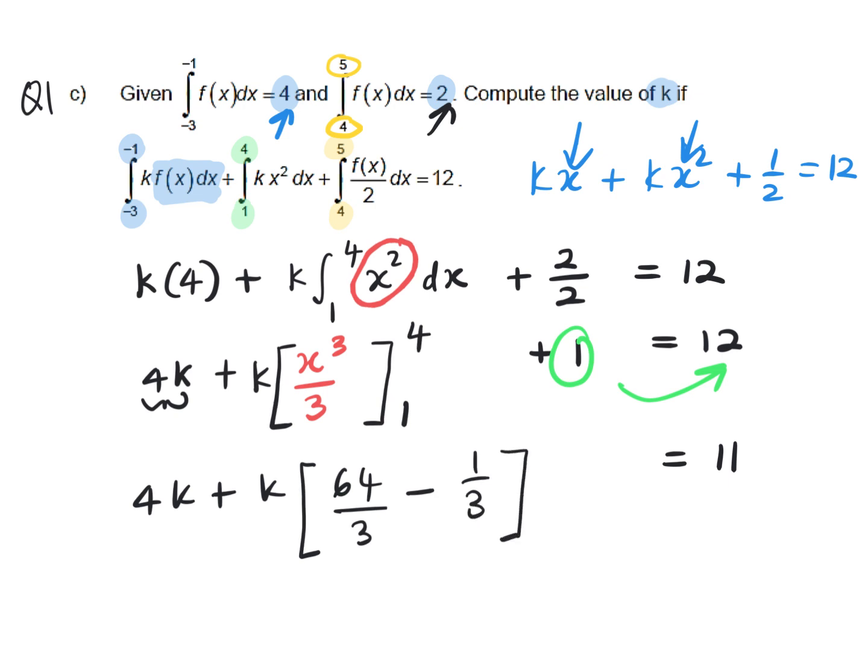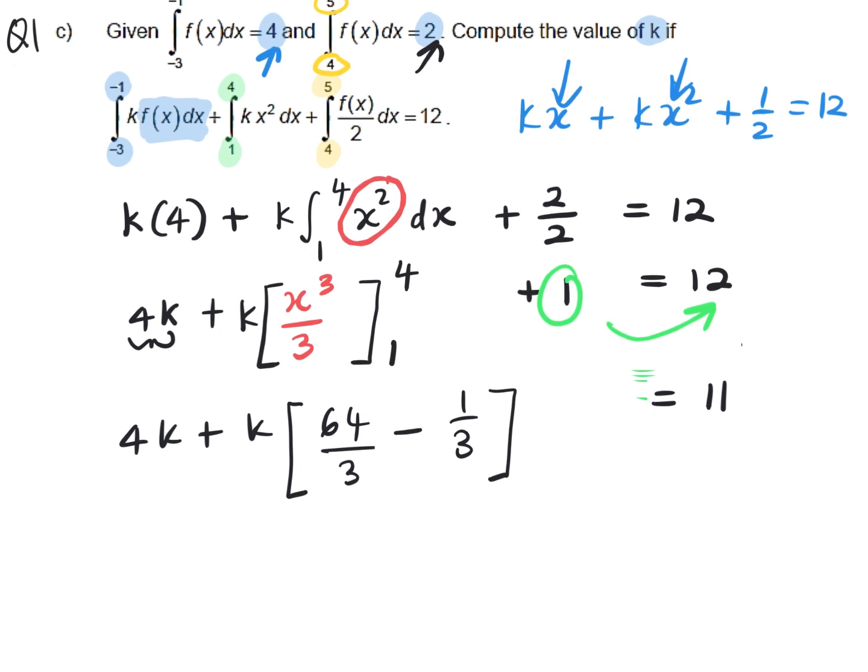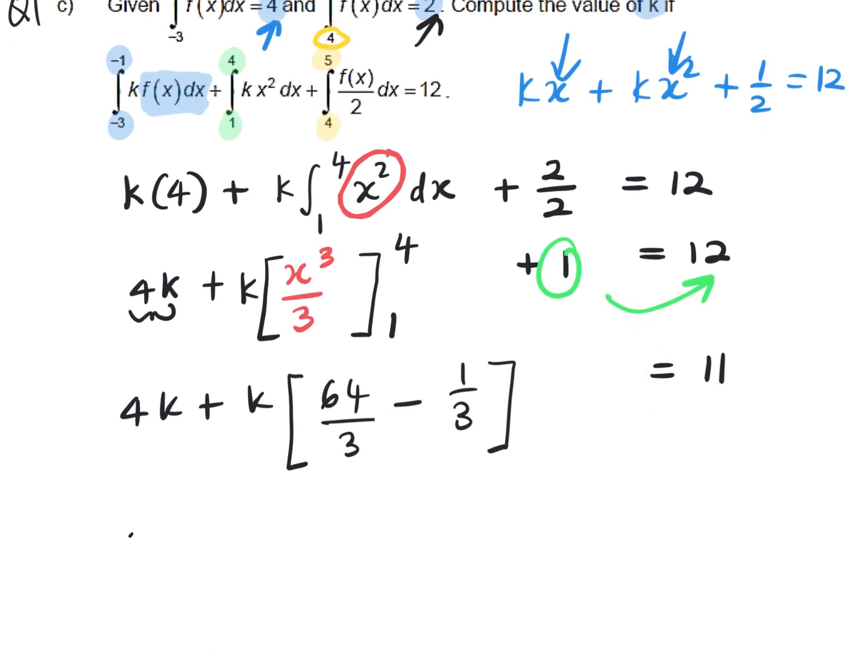So calculate 64/3 minus 1/3. 64 minus 1 gives 63, so 63/3.